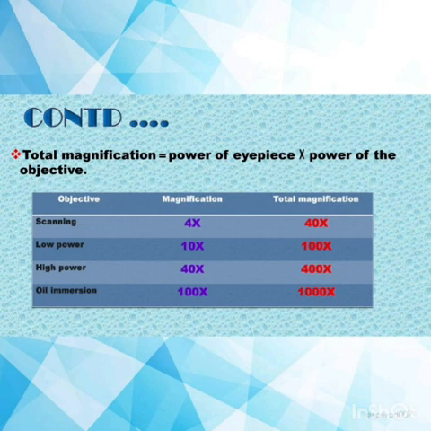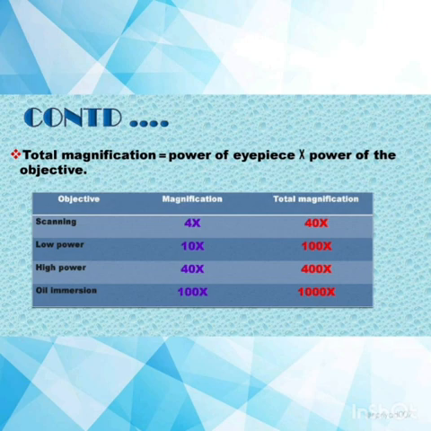If the power of the ocular lens is fixed, that is 10x, then we can determine the total magnification of a microscope by multiplying the power of the ocular lens with the power of the objective lens.